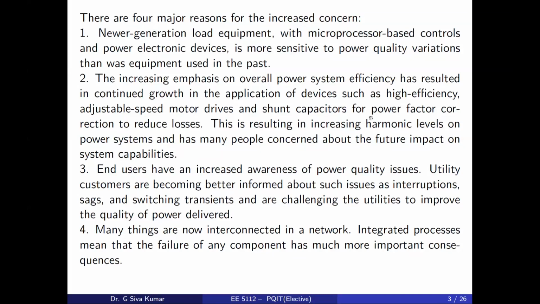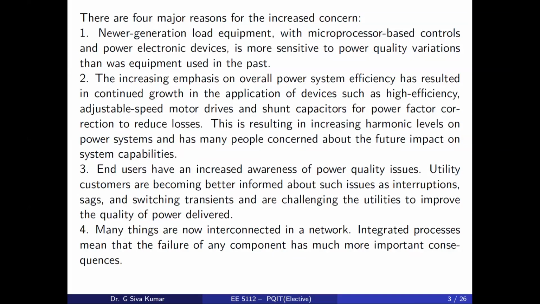And then we have seen the shunt capacitor for power factor correction. As I was explaining about the reactive power requirement, it is creating huge power loss in the system also. That is also one of the serious problems when we are allowing more reactive power. It is not only the reactive power that creates losses. Even with the real power, obviously when the current is flowing, you will have resistance loss.